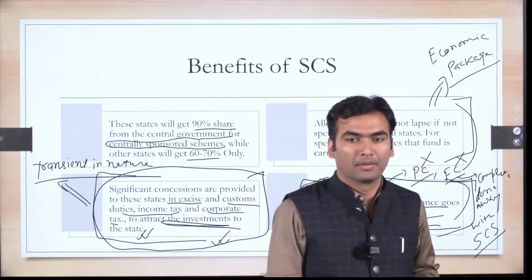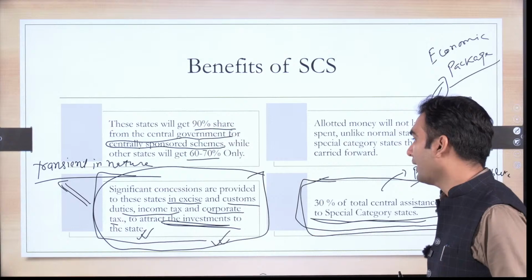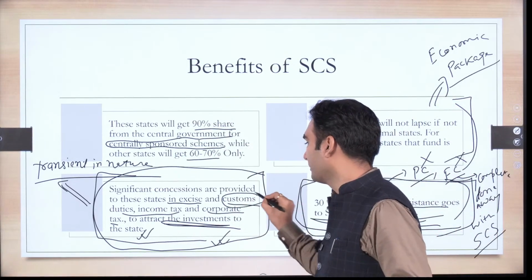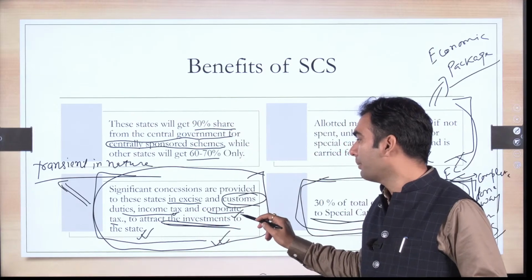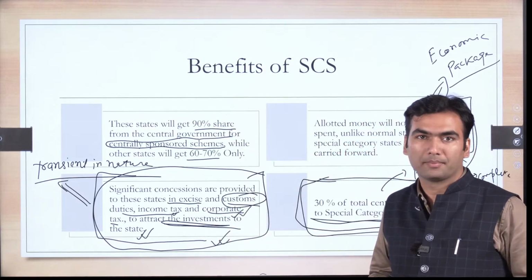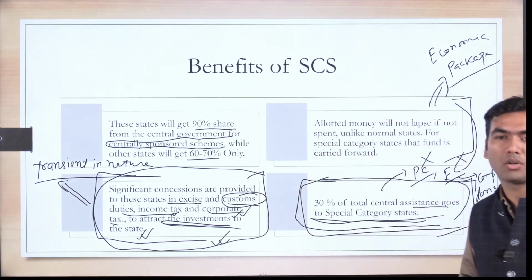Okay. Why don't they go for SEZ? See, in SEZs you can have no custom duty. Okay, but income tax or corporate tax has to be paid even if you are in an SEZ. No running away from income tax and corporate tax.